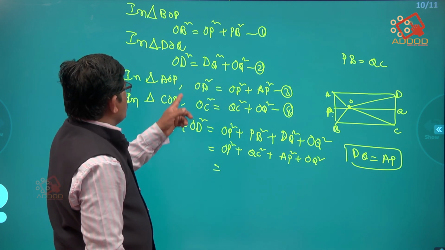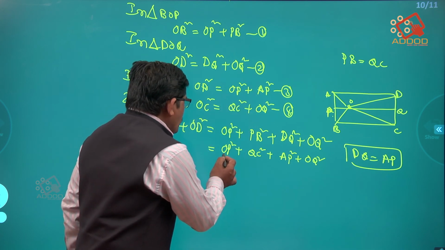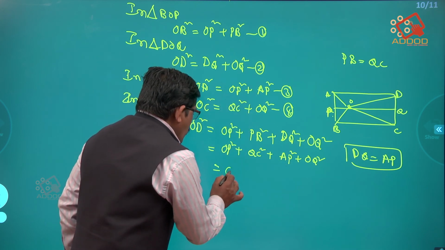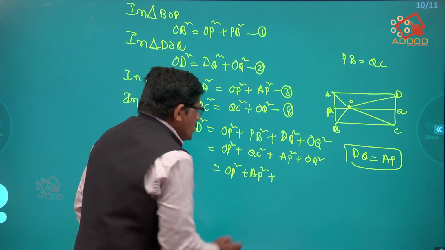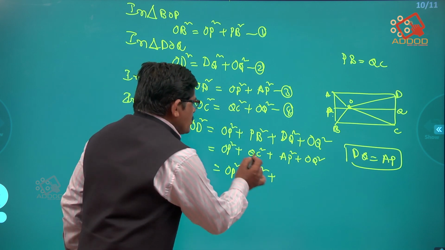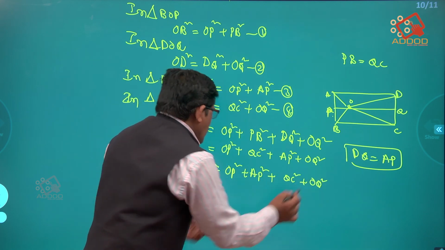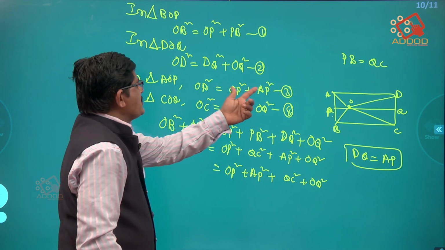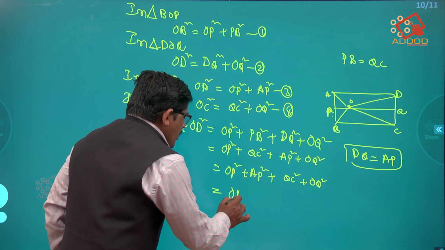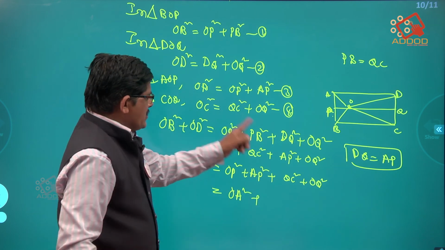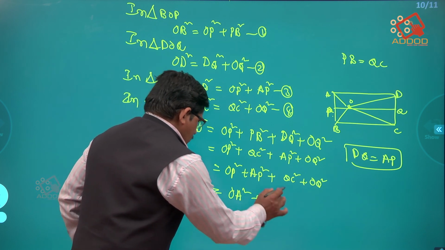What is the value here? OP square plus AP square plus QC square plus OQ square. OP square plus AP square is OA square, and QC square plus OQ square is OC square.